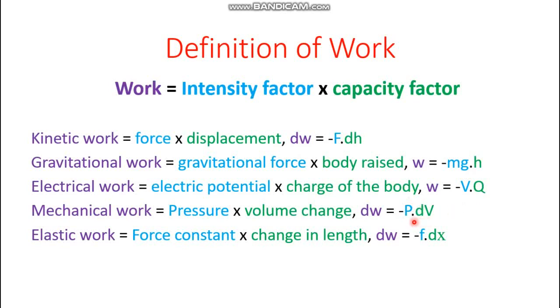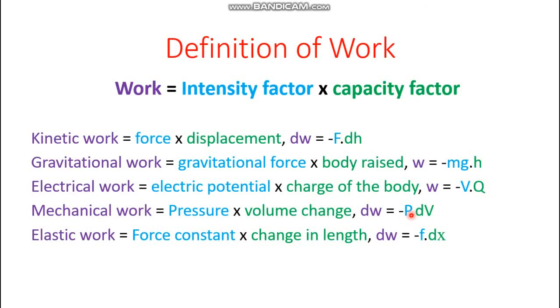And try to just work this out. Put the dimensions of pressure and volume. You would find that it gives the dimension of work, isn't it? Pascal into volume. Pascal means the unit of pressure, actually Newton per meter square.